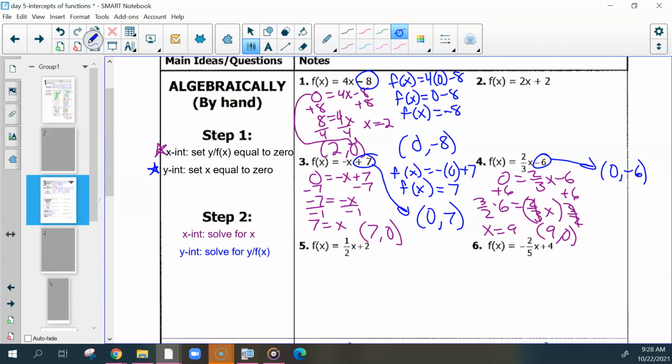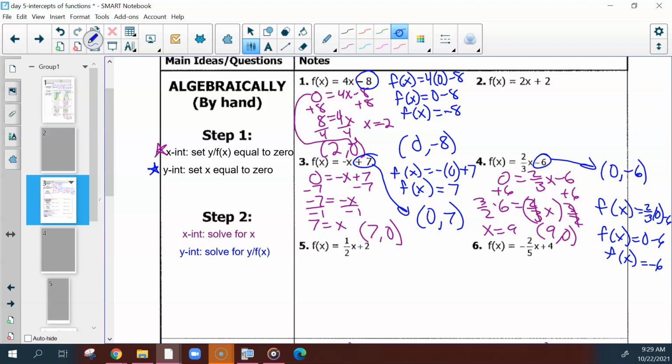If I actually put 0 in here, this would be 2/3 times 0 minus 6. 2/3 times 0 is still 0. 0 minus 6 is negative 6. So what you're doing is skipping all of this work and jumping to that.